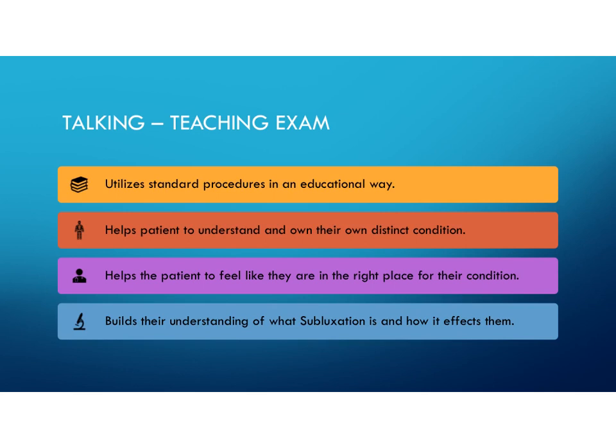Let me give you an example. I think one of the standards as far as examination in chiropractic is range of motion. Let's pick range of motion. Range of motion is a very standard procedure in chiropractic. It's also, in regard to musculoskeletal injuries, a very standard procedure in medicine as well.